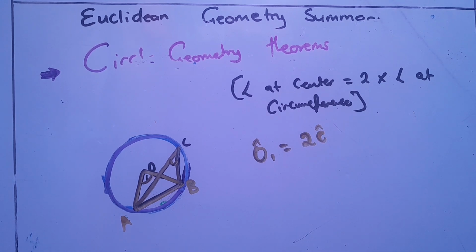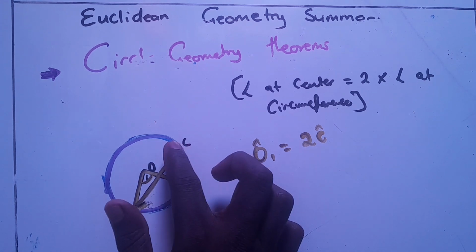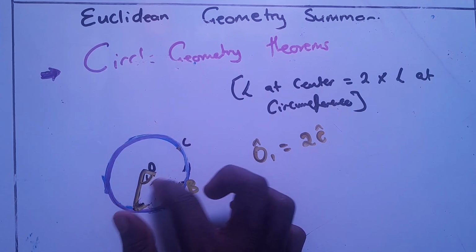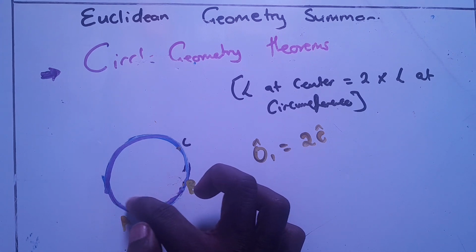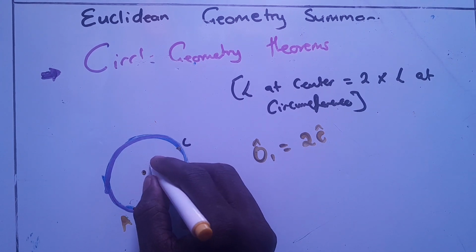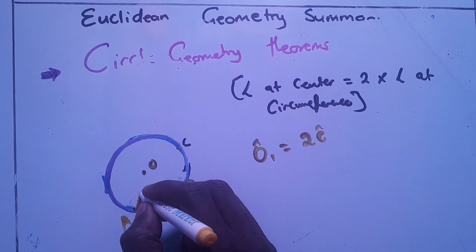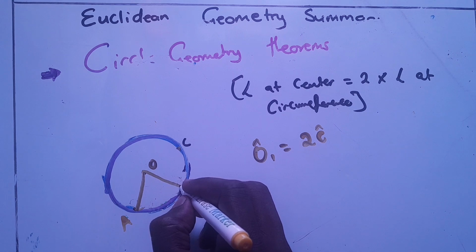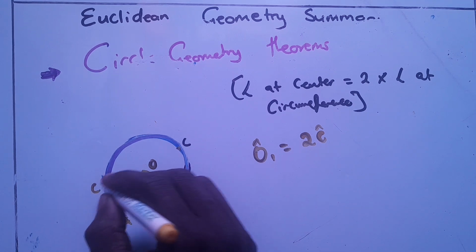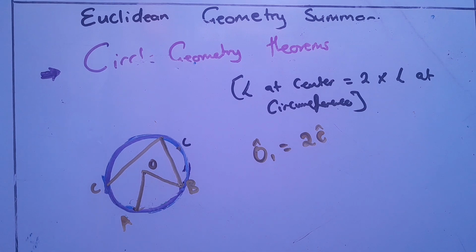And most students often make a mistake with this. So let's just see. We can have our center here as O, and we can have an angle like this, and you can also have maybe C there giving us the angle at the circumference like this.